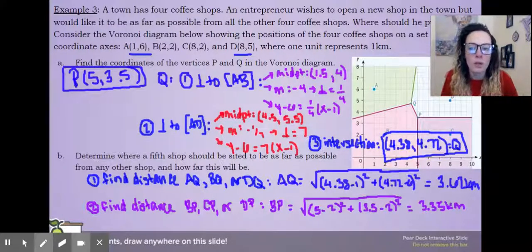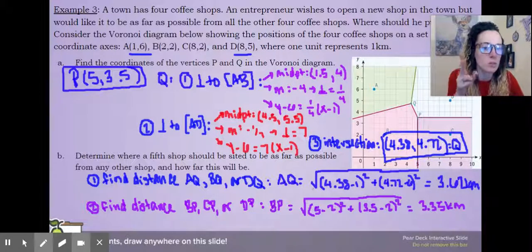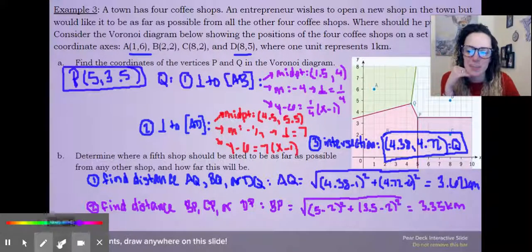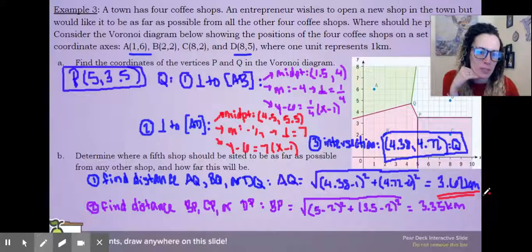So we want this 5th shop to be sited as far as possible from any other shop. So we wanted to find those 2 distances to figure out, well, which one's further, because that'll be the furthest from any other shop. So what this tells me is that the point Q is furthest from any other shop.